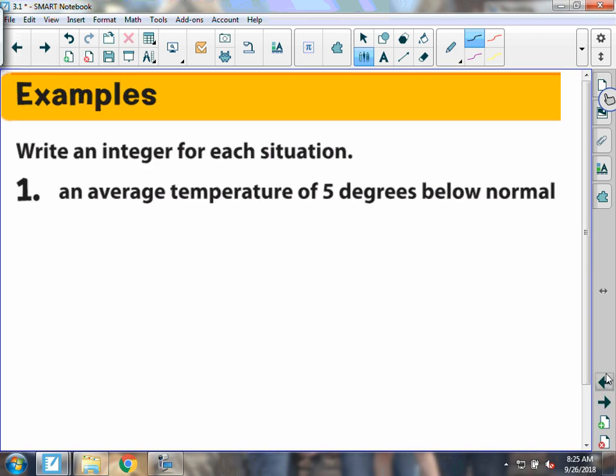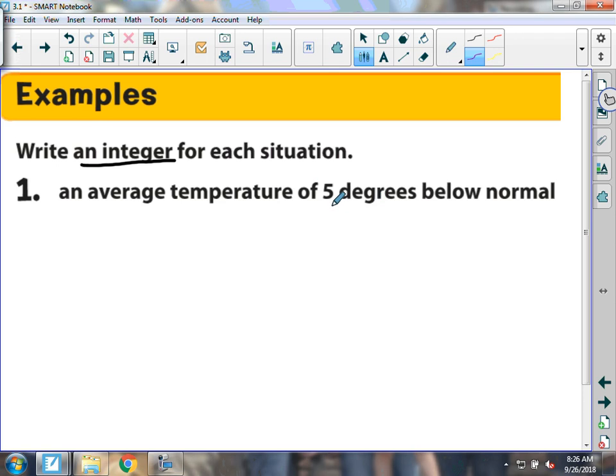So copy this down. Write an integer for each situation. An average temperature of 5 degrees below normal. An integer means we're just going to write a number.